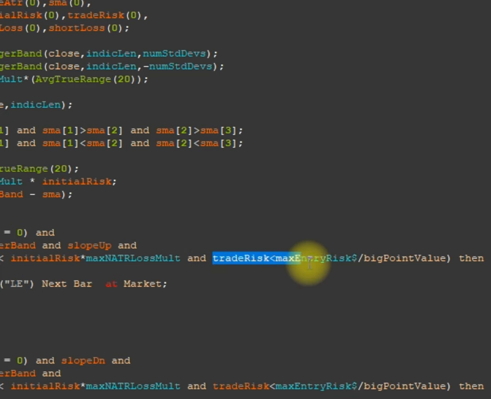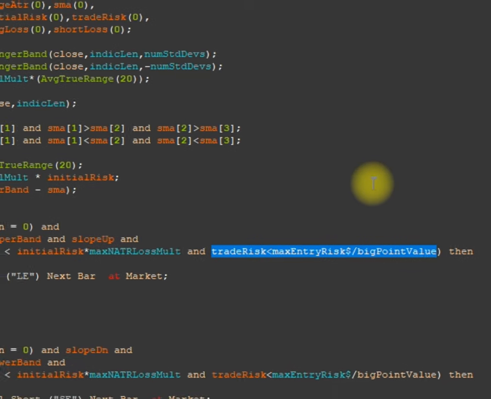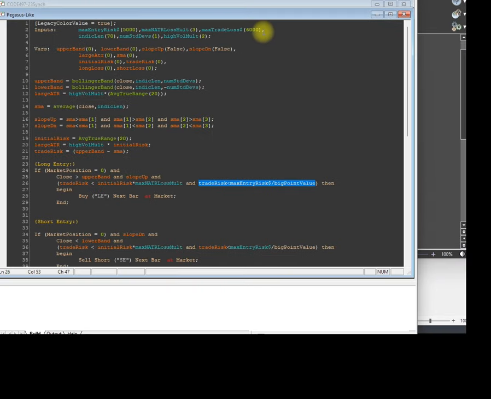I don't want it to be greater than $4,500. I don't want that distance between where I get in and get out to be greater than $4,500 at the beginning of the trade. Now, I have a max loss of only $3,000.